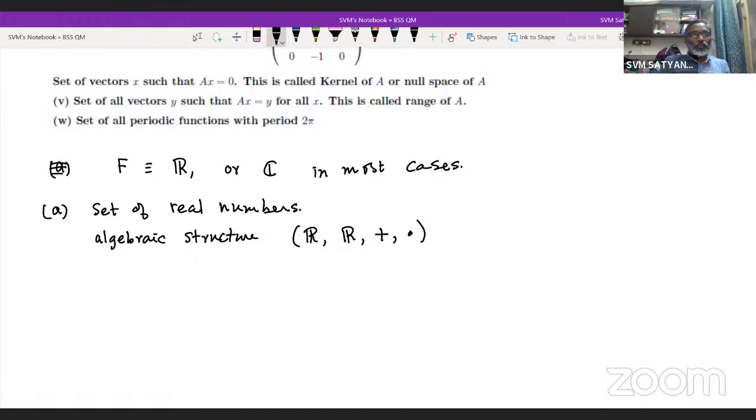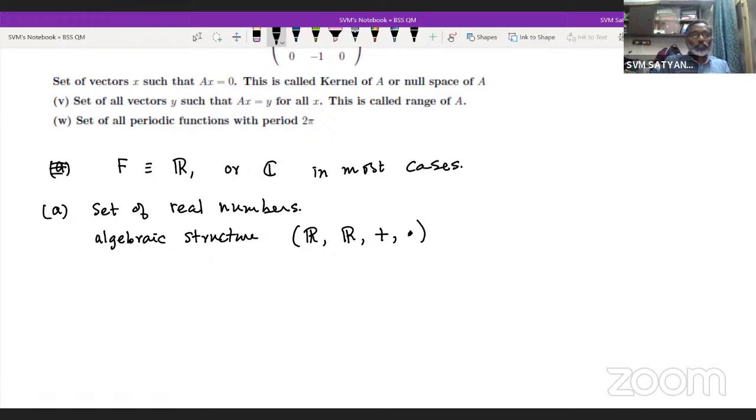Now, to define a real number, how many real numbers are required? One real number, right? Whatever real number you want to define, take that real number.